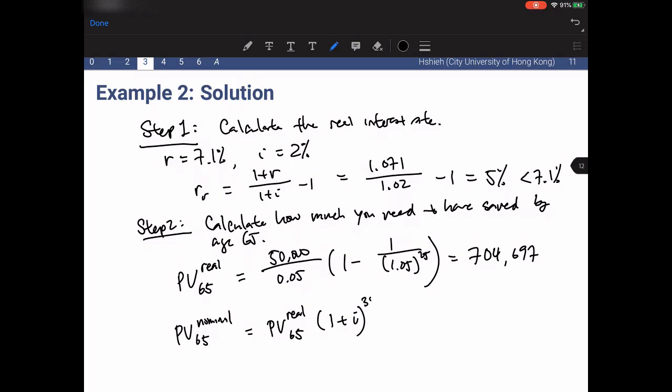That's 35 years, which gives us 704,697 times 1.02^35, and that's going to give us 1,409,317. The reason I'm writing out two representations of the present value of our retirement package is that we can derive each of these. We can derive the present value all the way to time 0, or age 30, by discounting by the real interest rate or by the nominal interest rate, as I will show you in step 3.